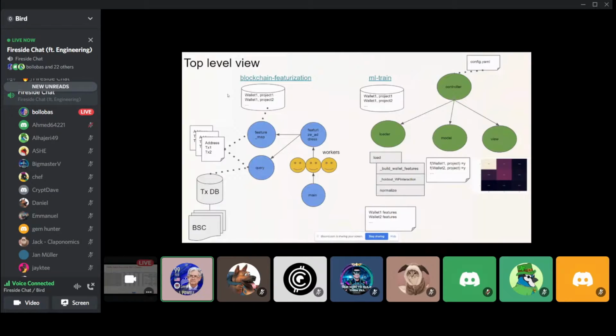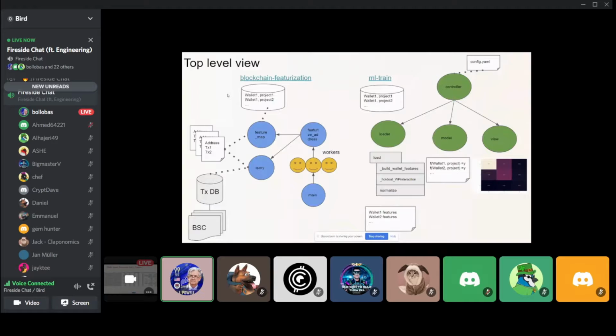She would configure this controller with what's called a YAML file, and the controller in sequence would instantiate a loader for loading the data in batches, a model to predict something about the incoming data, and a view object which outputs the results and helps the practitioner diagnose what's going on.